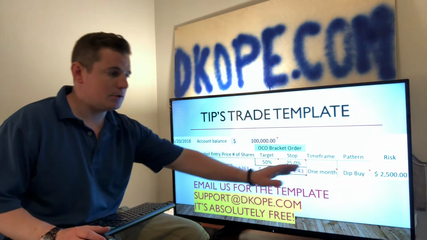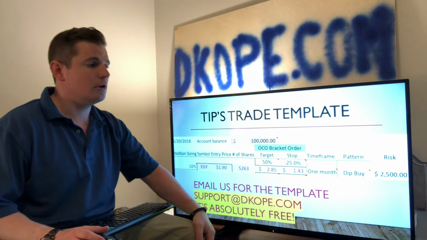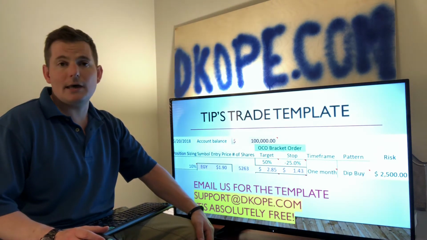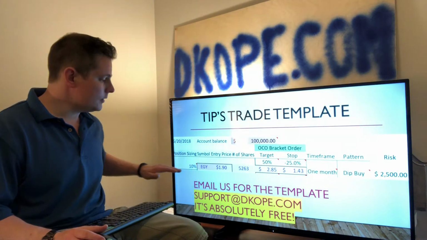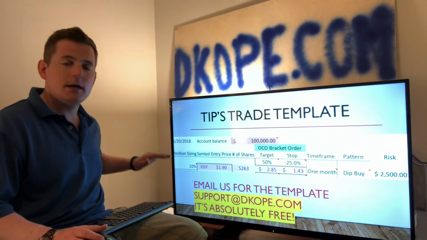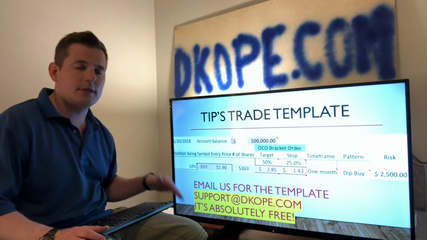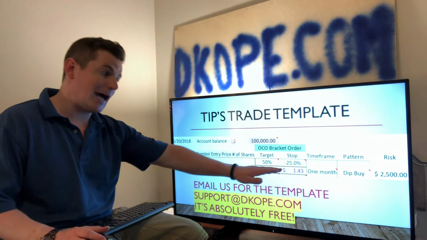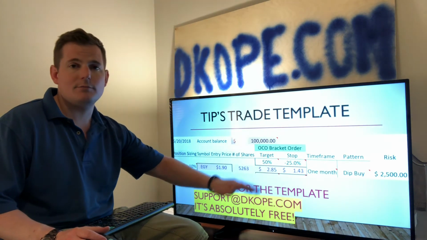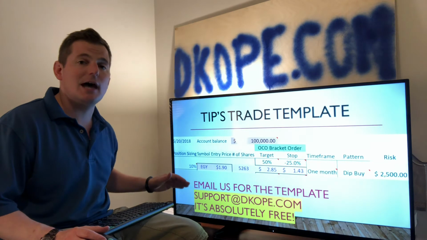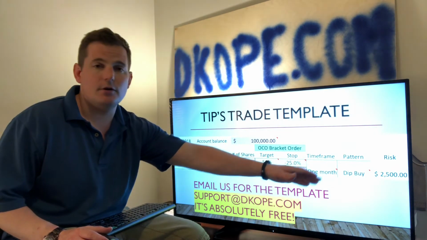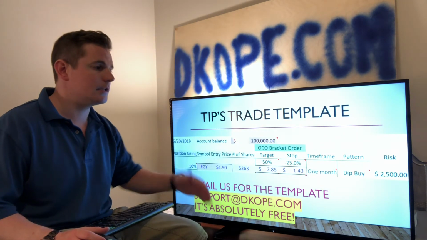And then you can pick your time frame, and the pattern here is really we're going to buy the dip if there is a dip on Monday. And because it's 10% position sizing, 10% of 100,000 is $10,000, and then our stop is at 25%. So 25% of $10,000 is $2,500, and that's how we get our risk.